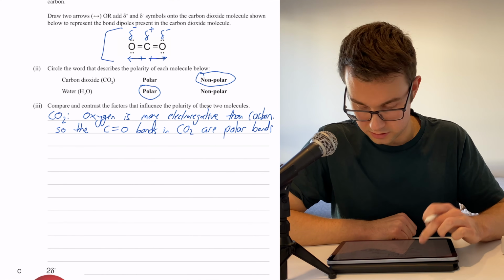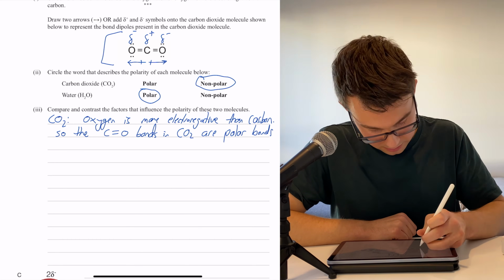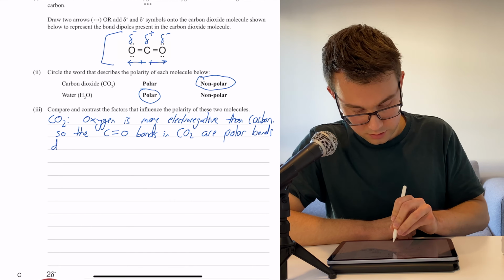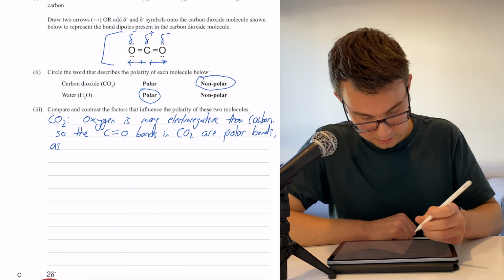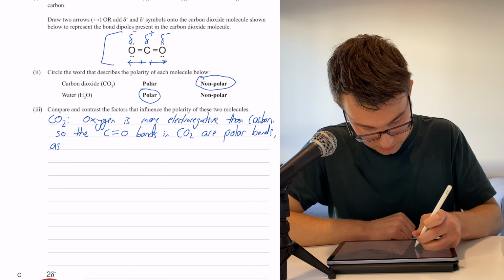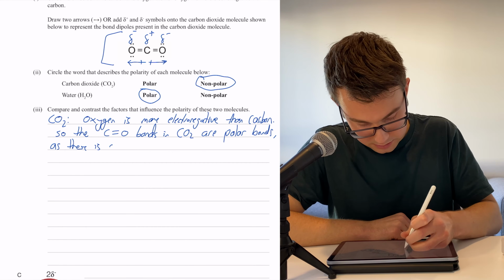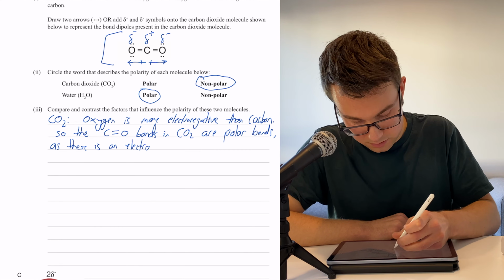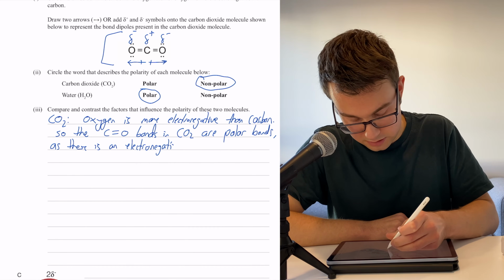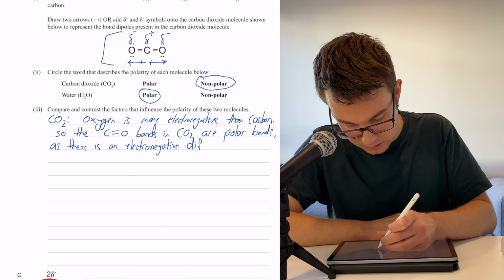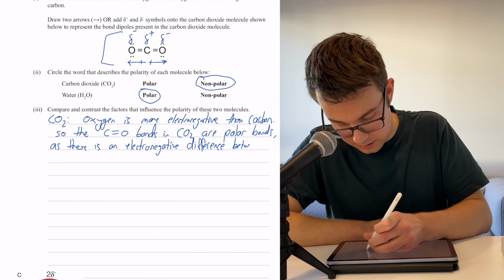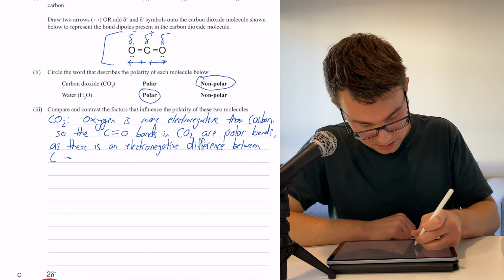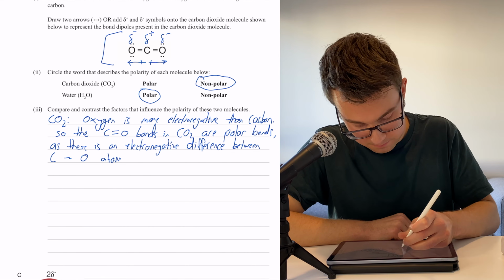So you could even say, just to be doubly sure they know what you're talking about, the C double bond O bonds in CO2 are polar bonds as there is an electronegativity difference between C and O atoms.